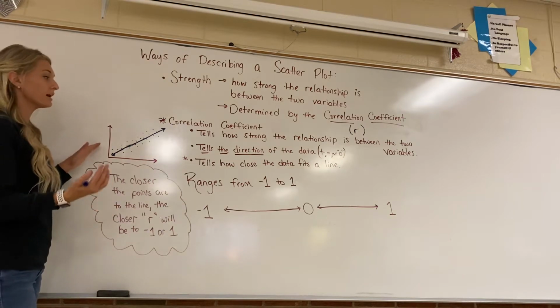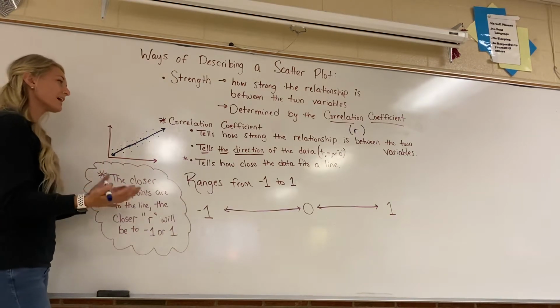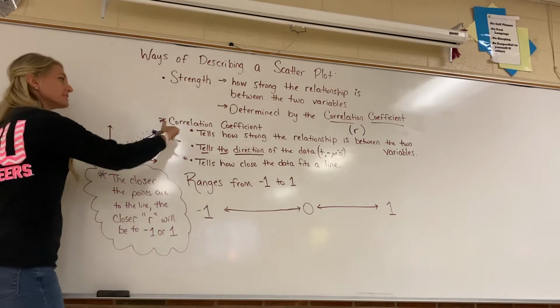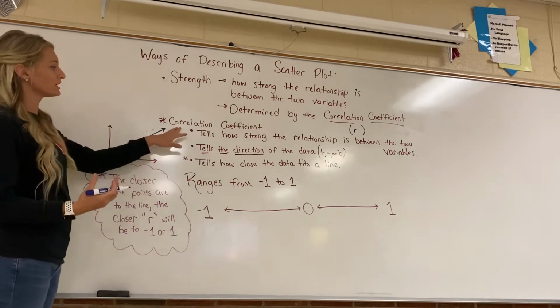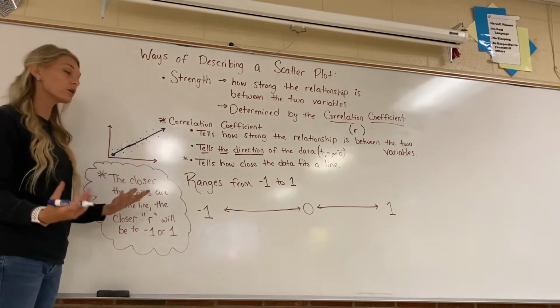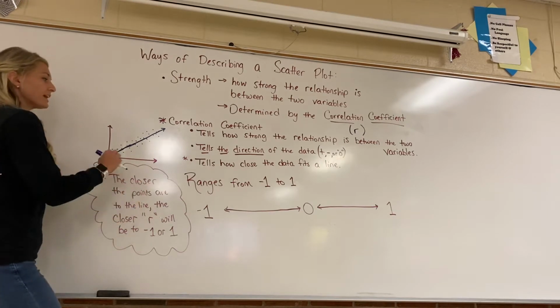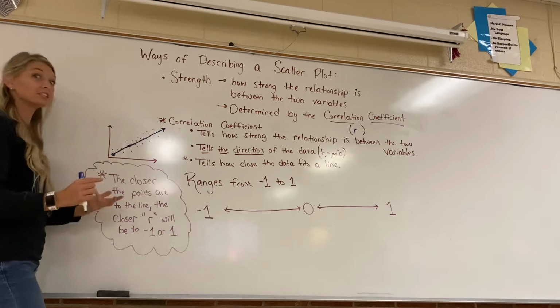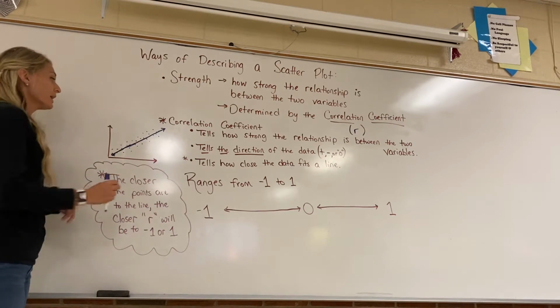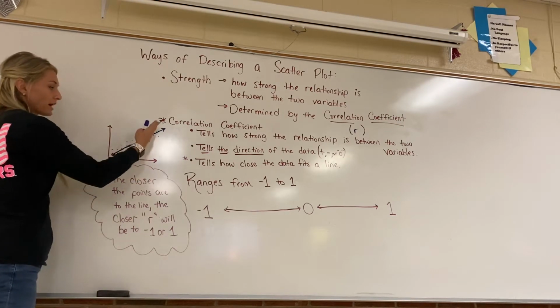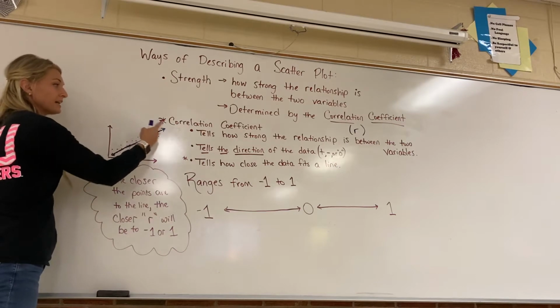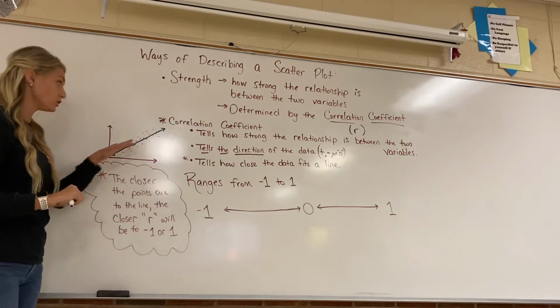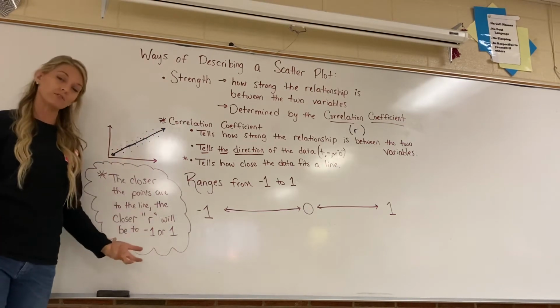And the reason why it's important to have this line, and why the correlation coefficient is important to know, is because they use this and the line to make predictions. If your points, when you graph them, actually form a line, then you can make really good predictions off of that.